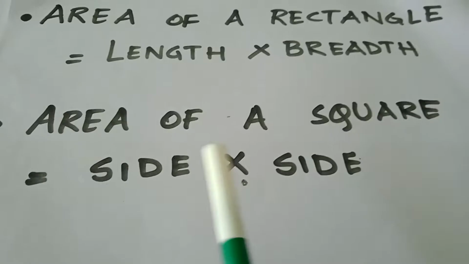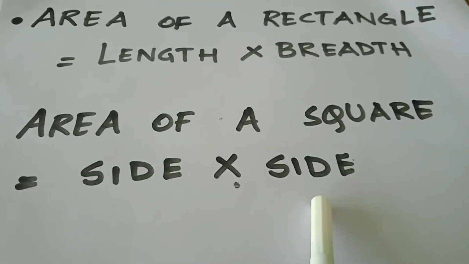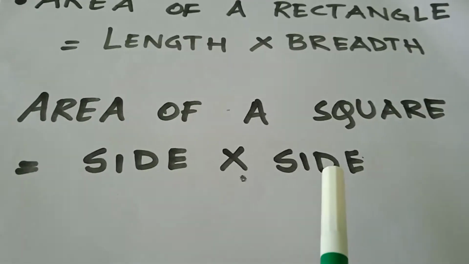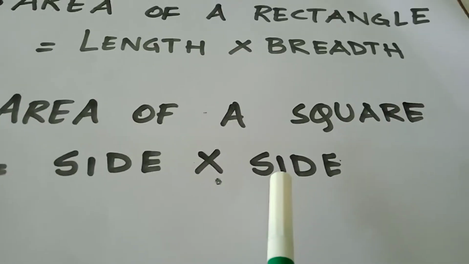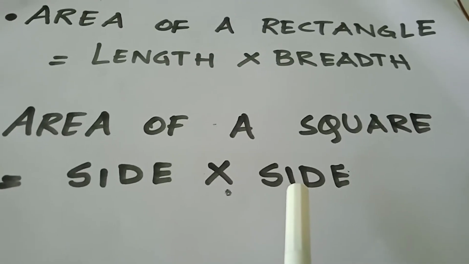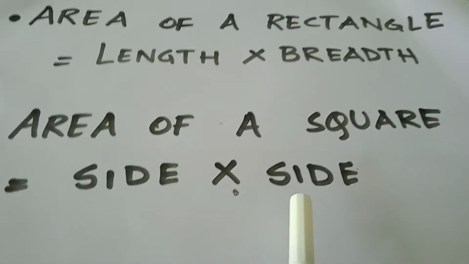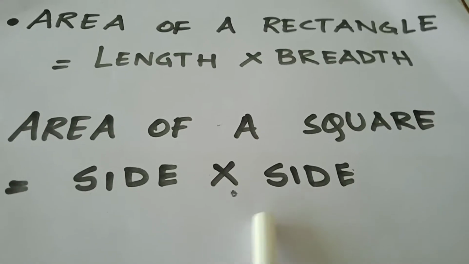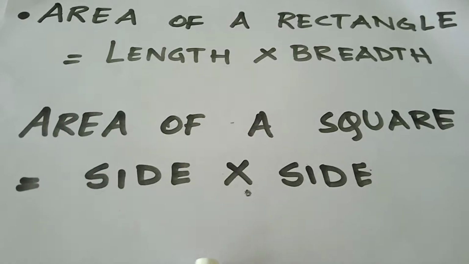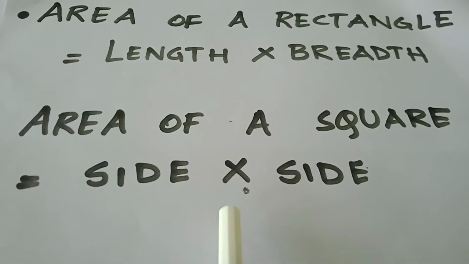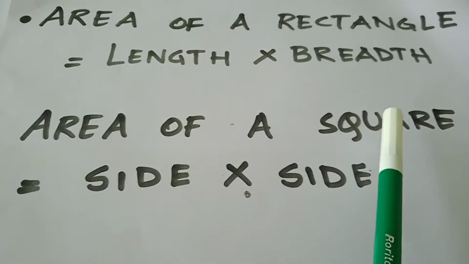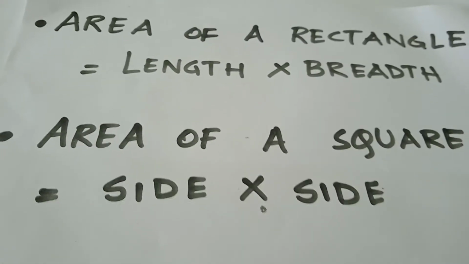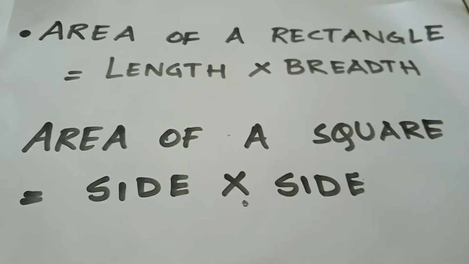We can multiply the length and the breadth to get the area of a square, but because a square has the same dimension of length in all sides, that is, all the sides are same in length, therefore we consider them as sides and not as length and breadth, because length would mean it is longer, isn't it?